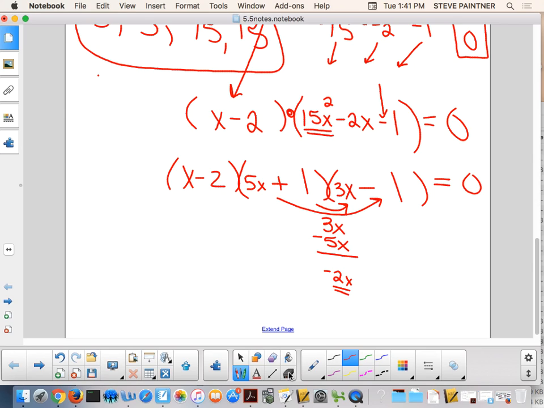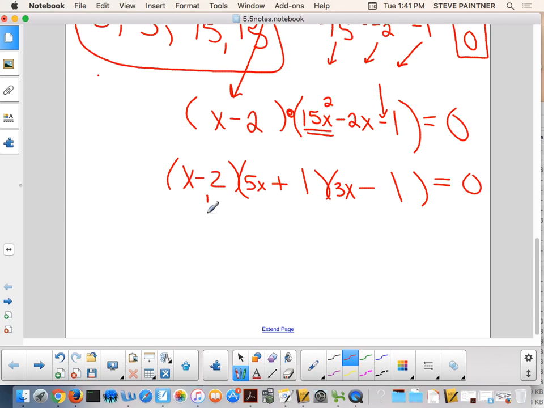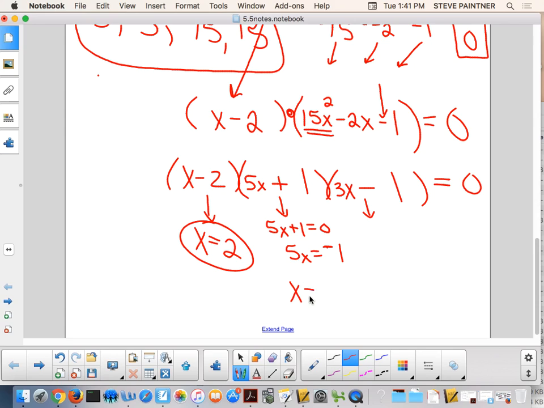It's working. Now I'm going to erase this because once you factor, you can pull out the answers pretty quick. This answer is 2. This one and this one, yeah, they're a little tougher. I would show your work because some of you that don't show work tend to get these wrong. Answer is negative 1/5.